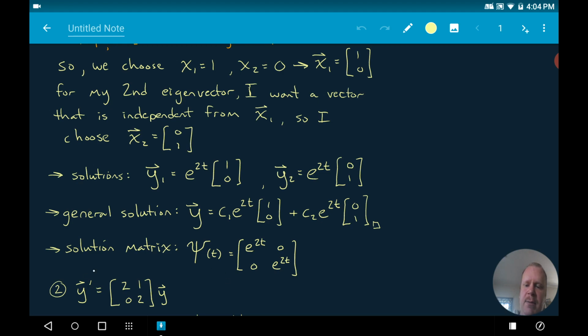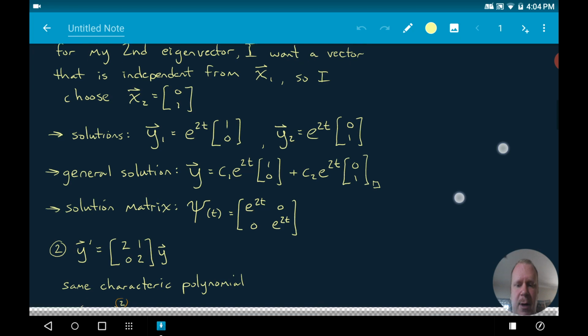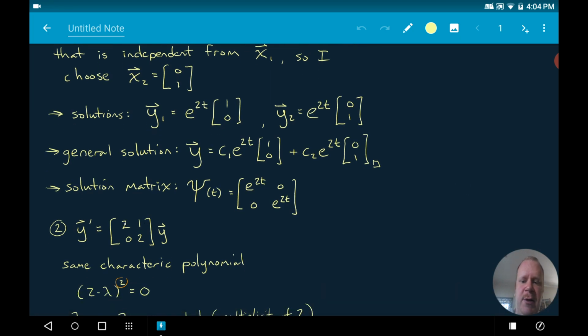So this one, if we do the same thing to find the eigenvalues, we'll end up with the same characteristic polynomial, so the determinant of 2 minus lambda times 2 minus lambda minus 0 is equal to 0.